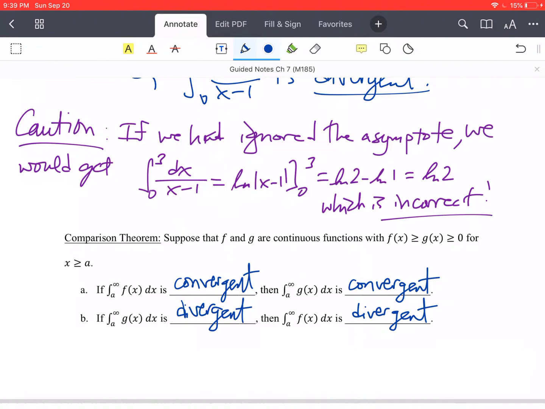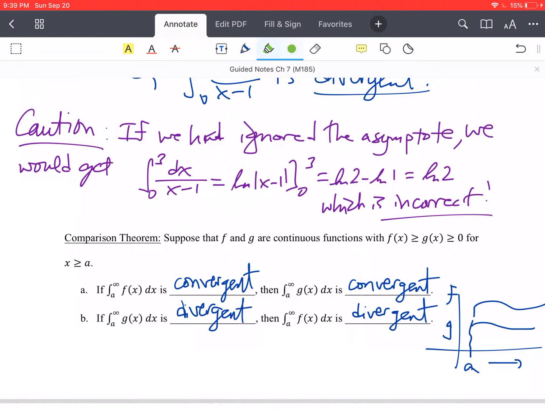And the idea behind this, graphically, is, here's my curve g, here's my curve f, from a all the way off to infinity.